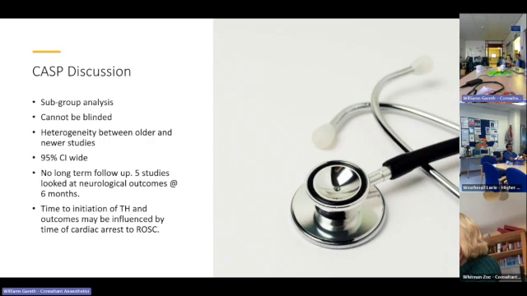So this slide is essentially just my thoughts from the CASP checklist. I just kept things short for you. In essence, the issue with the study is that 9 RCTs were included. Only 2 RCTs actually had favourable outcomes of therapeutic hypothermia, and these were both conducted in 2002.